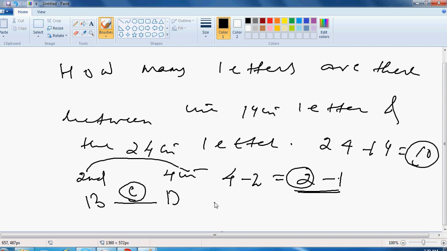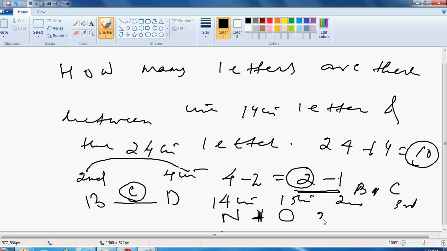So if I ask how many letters are there between the 14th letter and the 15th letter. The 14th letter is N, the 15th letter is O. There is no letter in between. Similar is the case with how many letters are there between B and C, I mean the second letter and third letter. There is no letter.